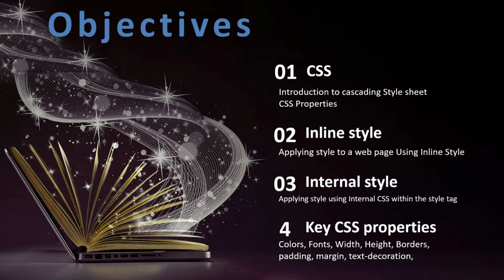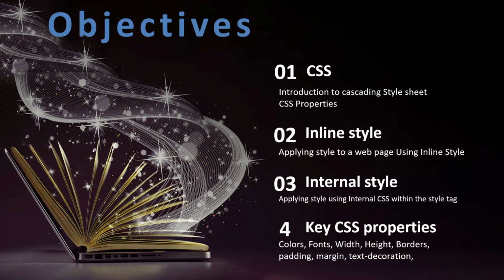For CSS, we see inline style, applying style to a web page using inline style, and another style of CSS called internal style, applying style using internal CSS with the style tag.